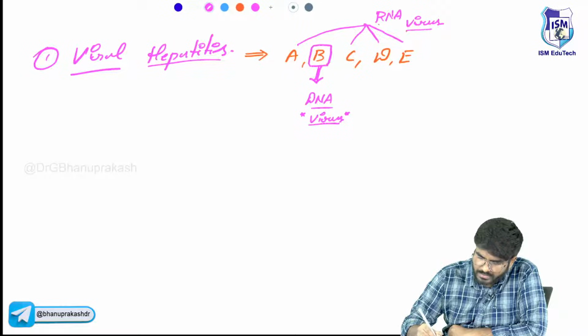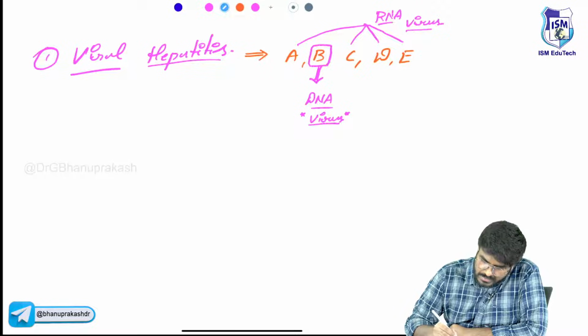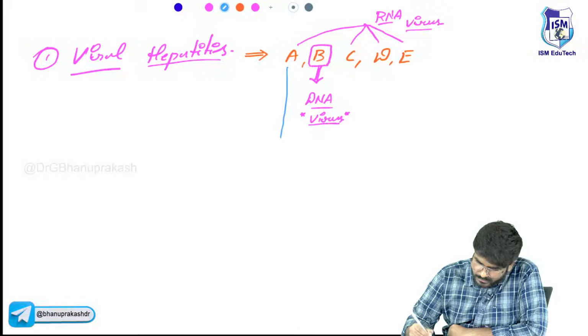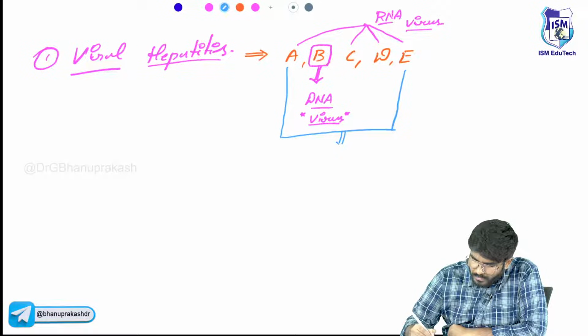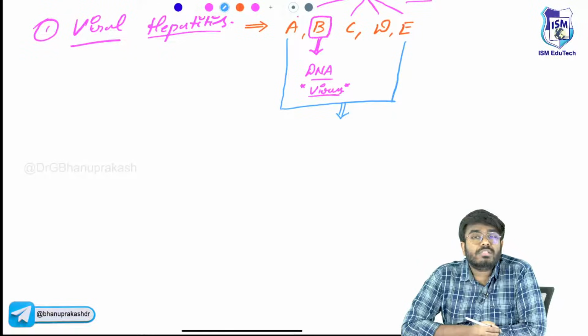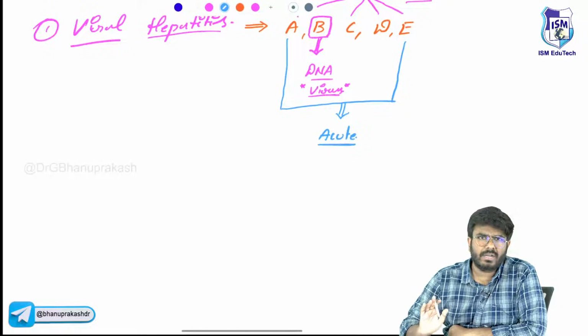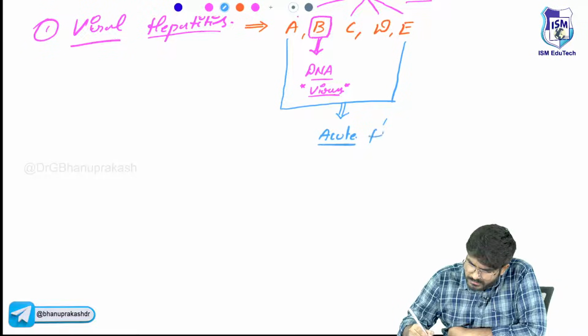Now, an important point is that A and E will never cause chronic hepatitis. They will cause only acute hepatitis, only for a certain period of time. No chronicity will be seen.